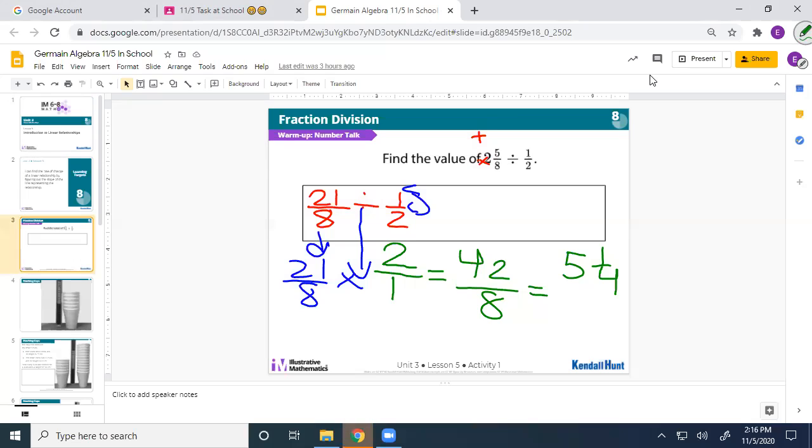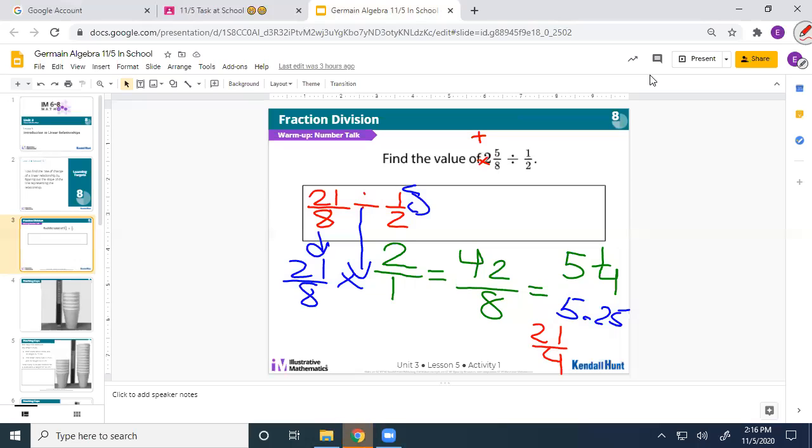Equivalent, but in a different form. What'd you get, Fizza? 5.25. Very good. 5 25/100. Awesome job, Julia. You could also simplify 42 over 8 to 21 over 4.